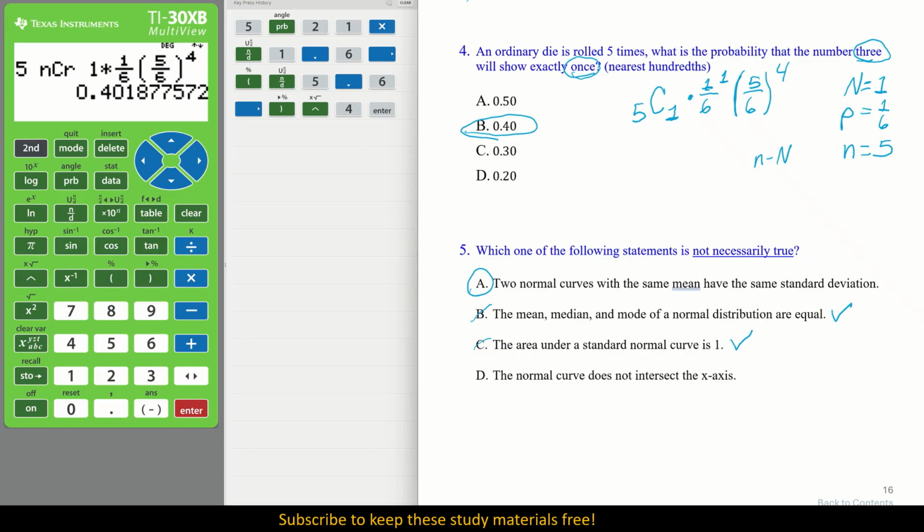Let's look at D: the normal curve does not intersect the x-axis. Absolutely, it does not intersect. It just goes on forever. On the two ends, those tails, we're guessing a lot. We just know it's there and it works, and that's what the distribution should look like.